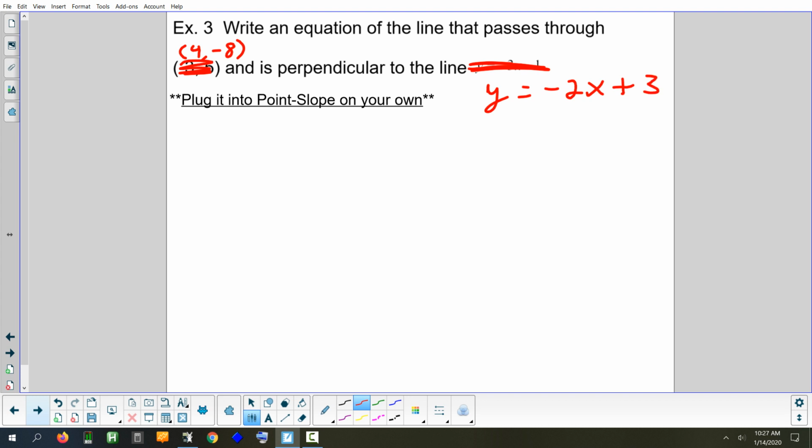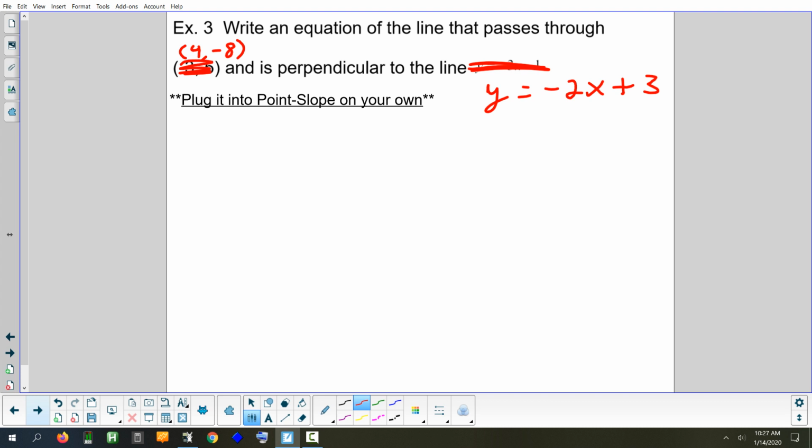I want you to try to write an equation that is perpendicular and goes through the point 4, -8. Plug it into point slope, see if you can simplify it, and then the last step, see if you can get y equals mx plus b.